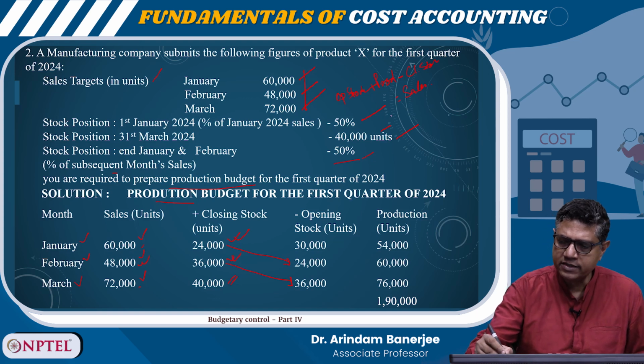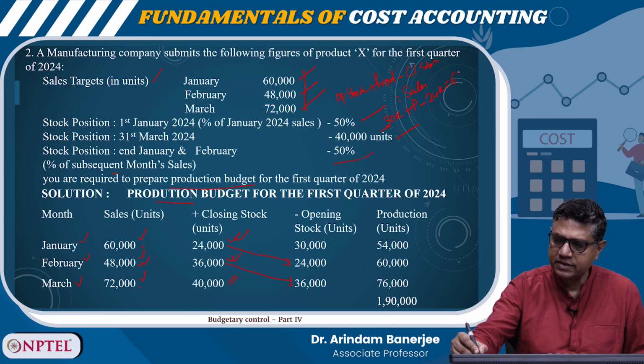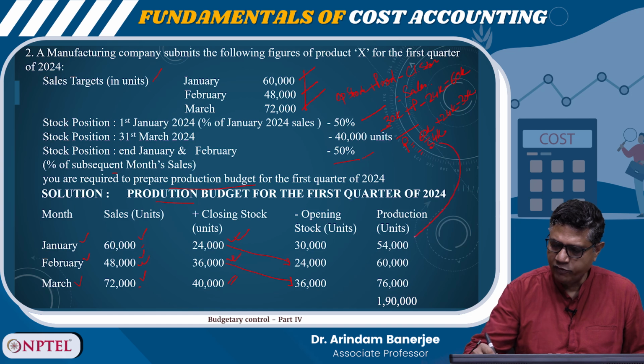My opening stock is 30,000, plus my production, which I don't know yet, let's call it P, minus closing stock 24K, is equal to sales of 60K. So my production will be 60K plus 24K minus 30K. So it comes to 54K. So this is 54K here.